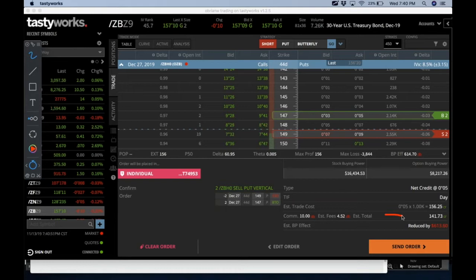In this case, with one contract, I wasn't able to receive $100. But bringing in the spread to 2 points wide and doing two contracts, I'm able to get this 141 after fees, and that's definitely over 12% on the buying power.